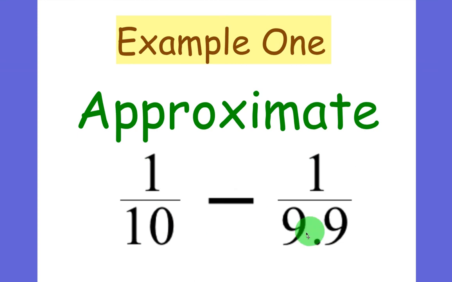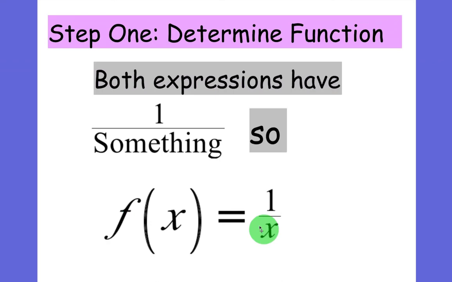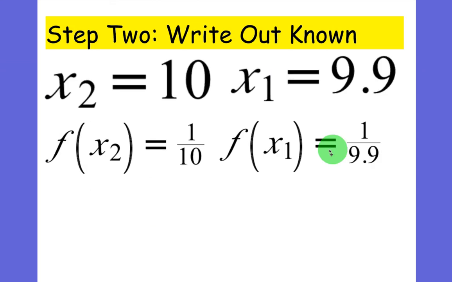So x2 would be 10, x1 would be 9.9. This then would be f of x2, this would be f of x1. Putting that together, our function is just going to be 1 over x. Again, 1/10 and 1 over 9.9 would tell us that our function is 1 over x. As you do more of these examples, you get more comfortable with what the function is.